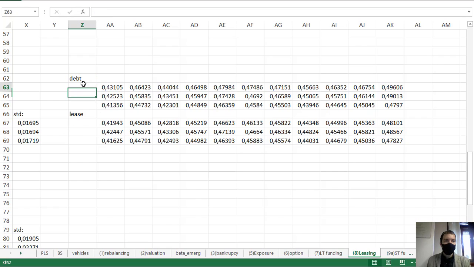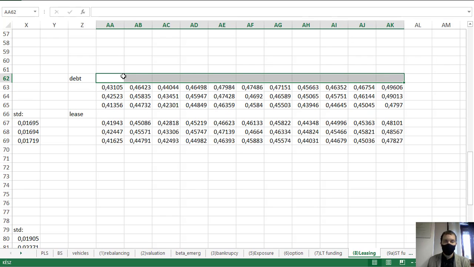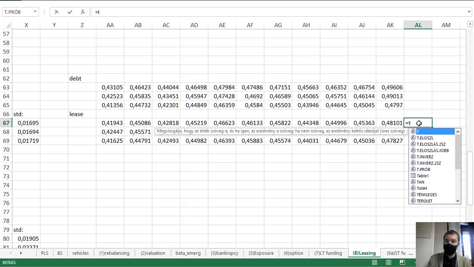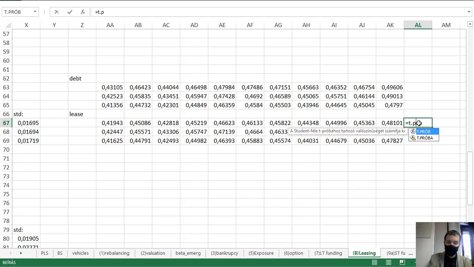Because now we can see that these are the locomotives and this is time. So let's see if there is any kind of significant difference. We are running a t-test.